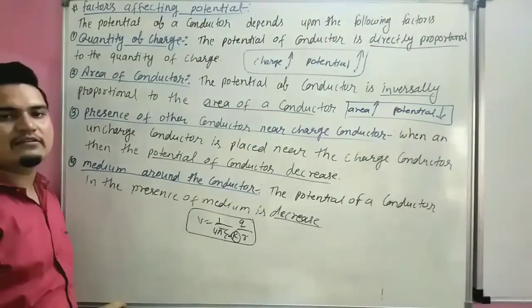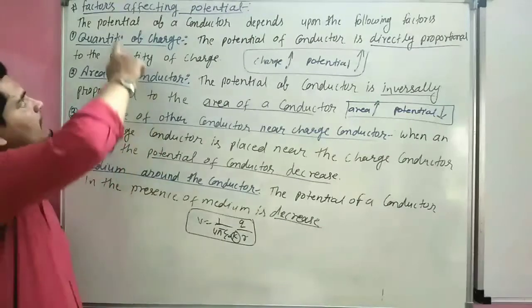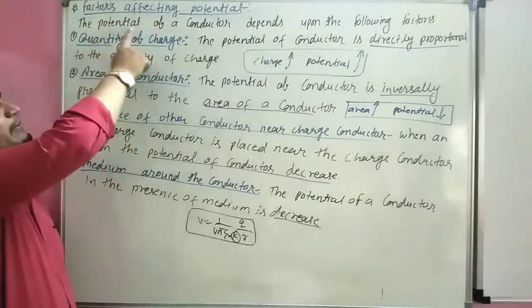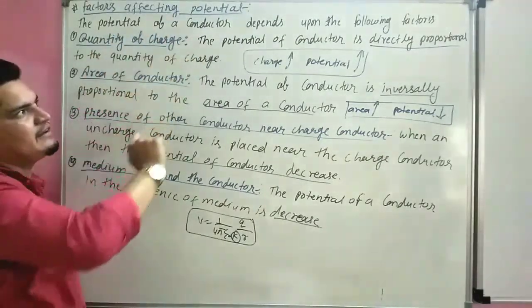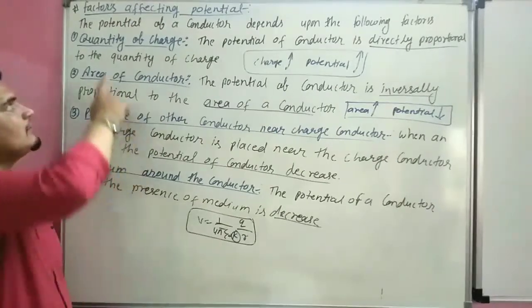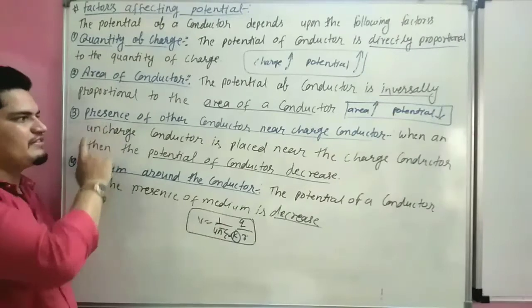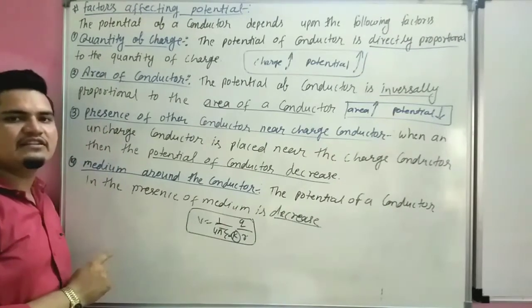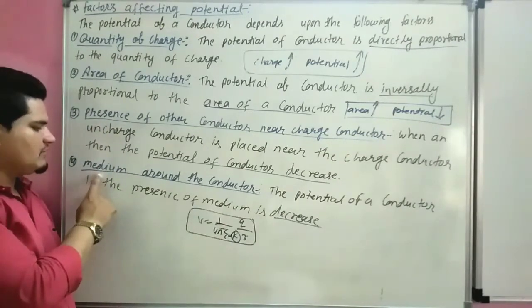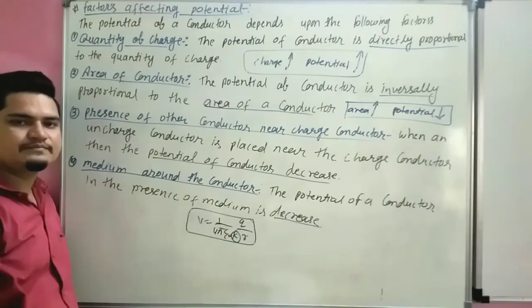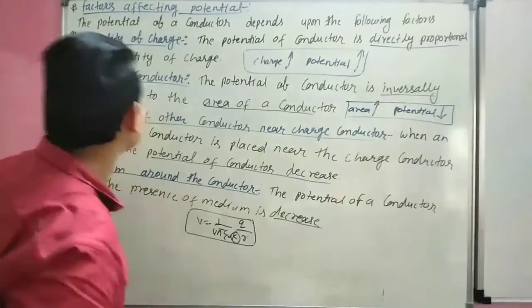These are the factors which affect the potential: first, quantity of charge, second, area of conductor, third, presence of other conductor near the charged conductor, fourth, medium around the conductor.